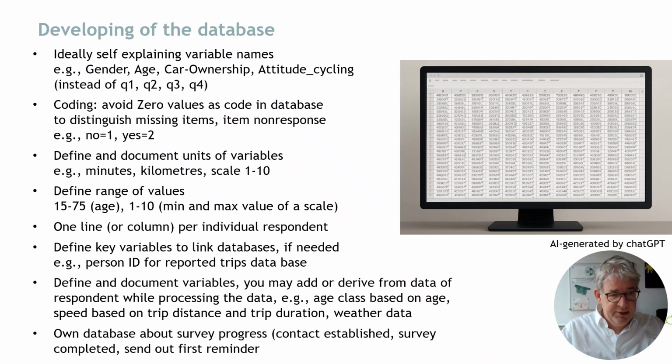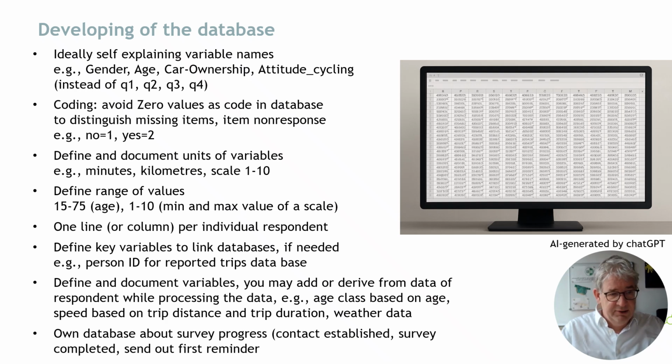As for the coding, usually the values you enter in the database, or that are created by the software tool, it's good and advisable to avoid zero values, so that you will not mix them up with empty cells with no answers.